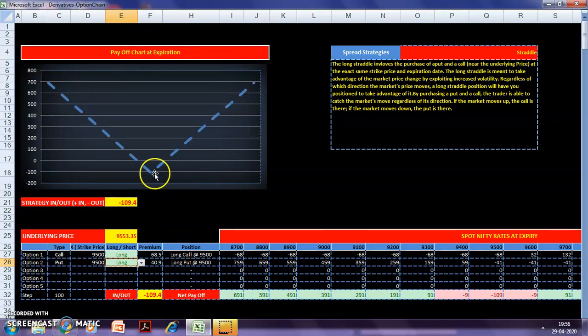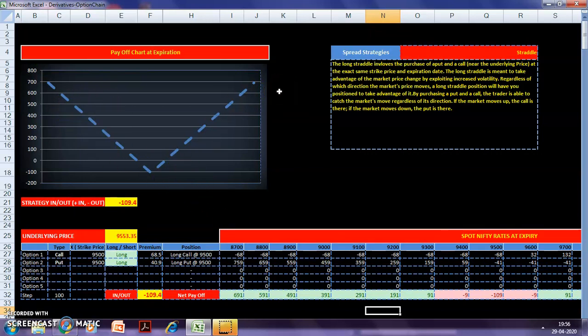So now this is the payoff. This is the payoff for a straddle, and the straddle is not giving me a profit between 9400 and 9600. Beyond 9600 and below 9400 it is giving me a gain.